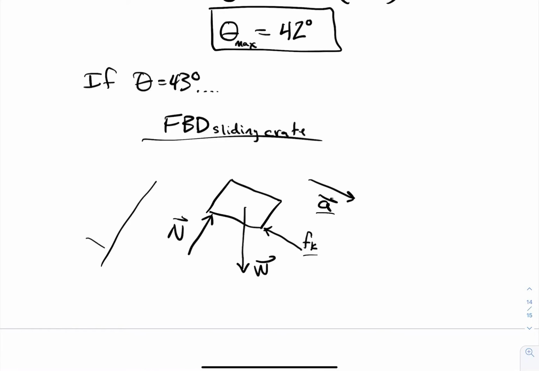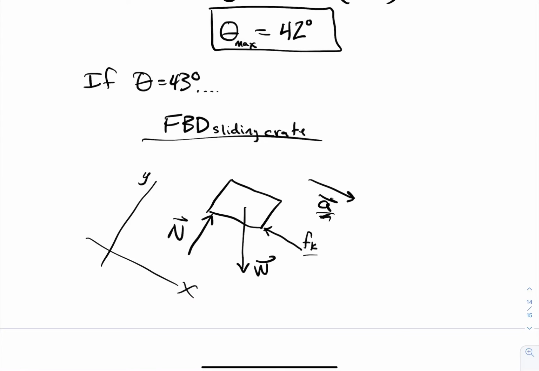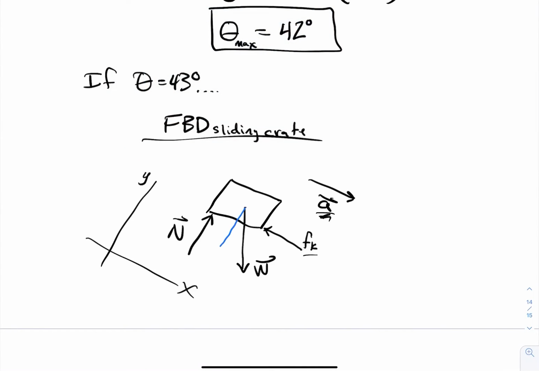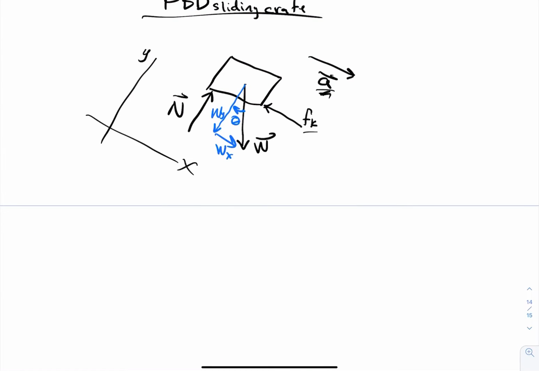So we'll tilt our coordinate system so that we can keep our a in only one direction, and our weight will be the only thing that we have to split up into its components. Weight y, weight x, theta, same thing as the last one. Now we can sum the forces again, only this time we have an acceleration in our x direction. So the sum of the forces in the x direction equals ma.